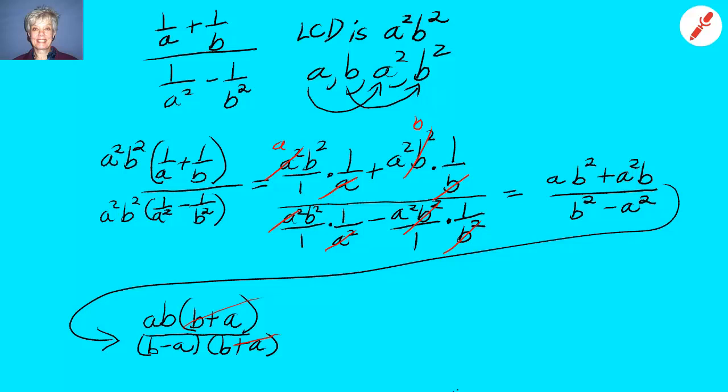The b plus a binomials cancel, leaving me with a times b over b minus a. And no more canceling. That's a monomial on the top and a binomial on the bottom.